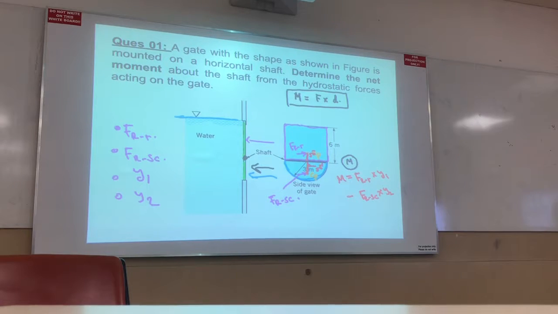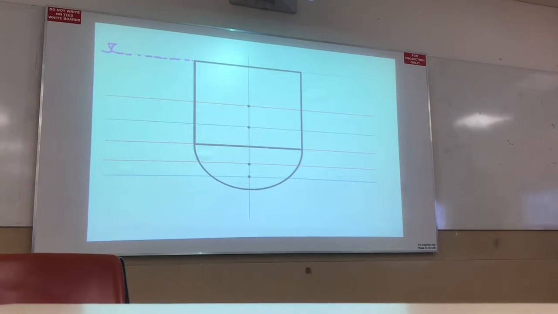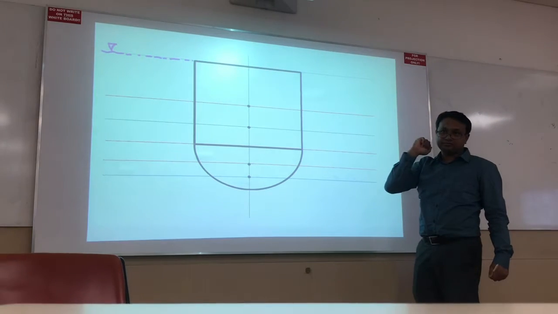So now the question is how? These are the shapes. Try to understand. This indicates the surface of the water, so water is here. If the water is at the top, you have to add the additional distance.